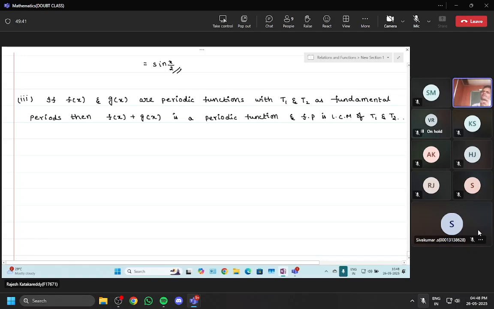This point is not valid if the LCM between T1 and T2 is not defined.